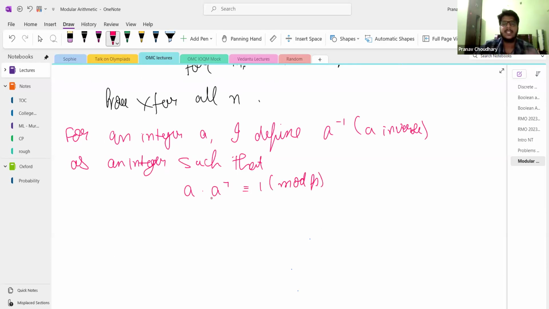So this is just like the normal thing, right? When you multiply x and 1 by x, you get 1 in normal arithmetic. This is the definition of inverse, so it's fine.